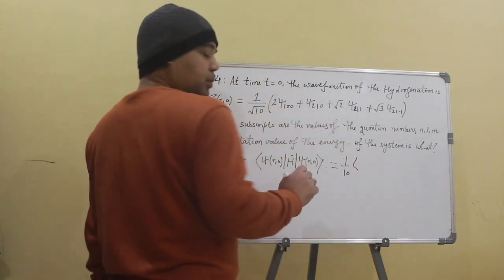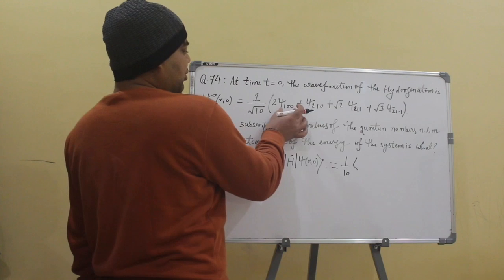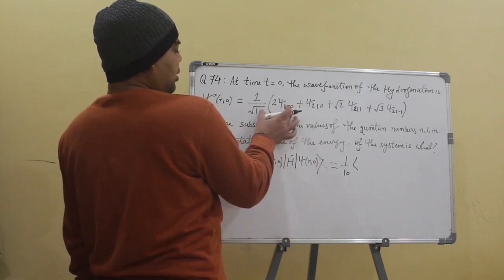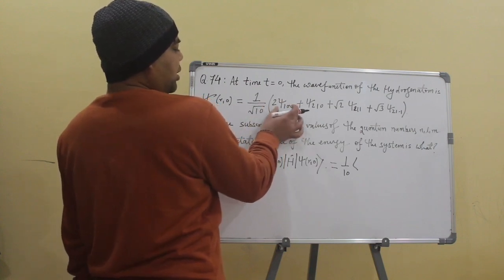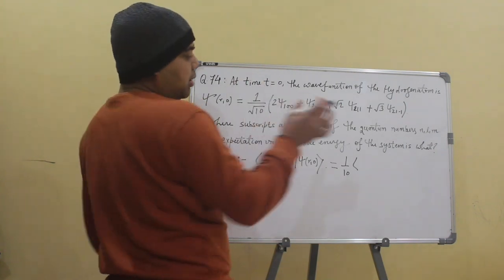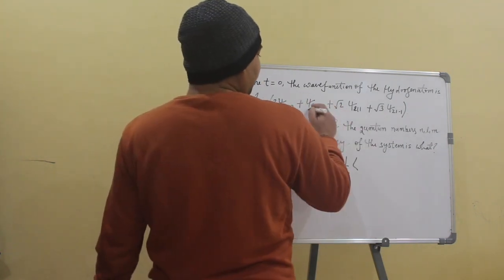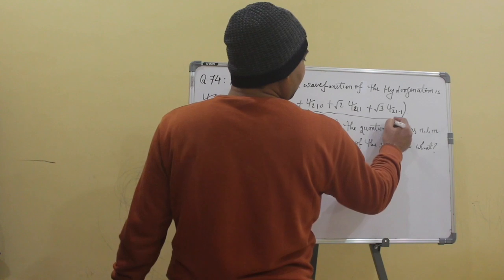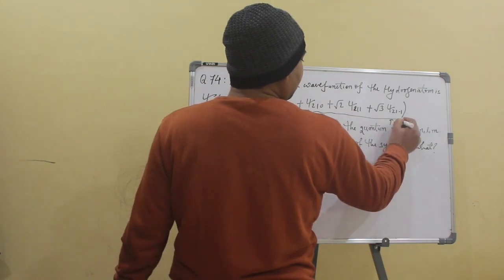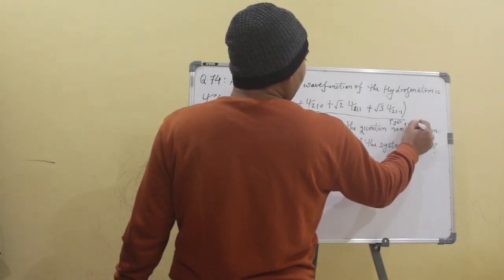Now psi has two parts. The 100 part is basically the wave function of the ground state, and this other part is basically the wave function of the first excited state. This is the 1s state, where s has l equals 0 and m equals 0, and this is the 2p state, with l equals 1 and m equals 0, 1, minus 1.